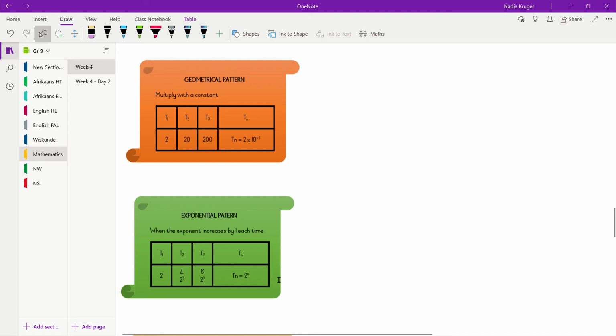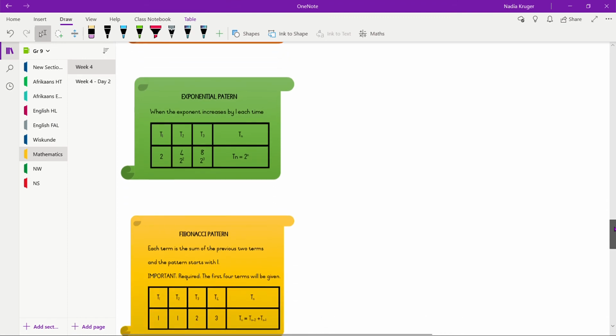If you see that the pattern increases exponentially each time, that means increases by a lot and not a constant, try writing your numbers, the term values, as the product of its prime numbers. That is going to give you a little bit extra information that you might be able to use to determine the pattern's formula. And then the last example is a Fibonacci pattern.